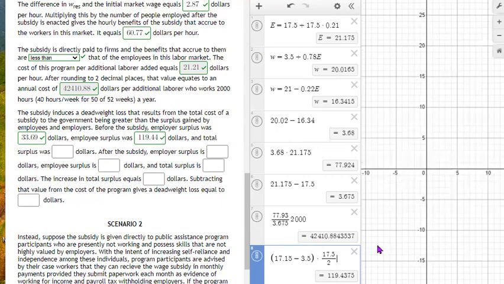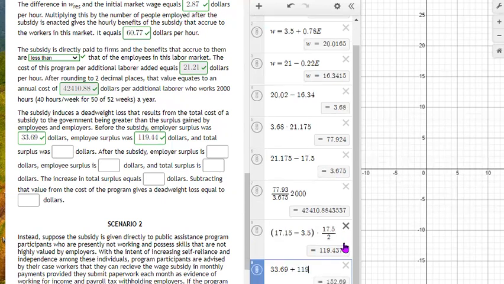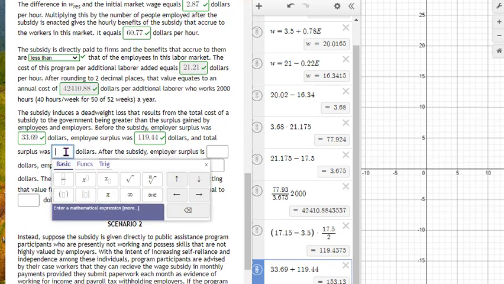So I'm going to add them together here. The firm surplus, the blue area of my triangle, is 33.69 plus 119.44, right? And I get a total surplus initially of 153.13, right?